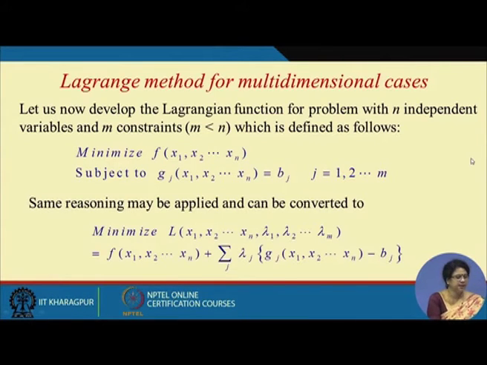You see what I have written in this slide: for the given n-dimensional problem, we can construct one Lagrange function. The function will have m plus n variables, where n variables are the decision variables and m are the Lagrange multipliers.